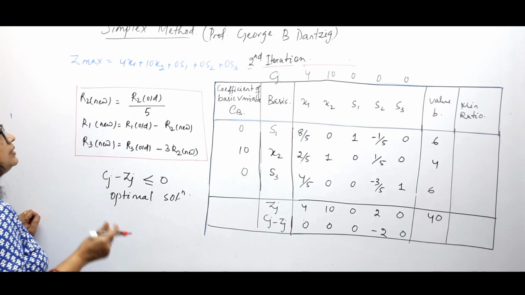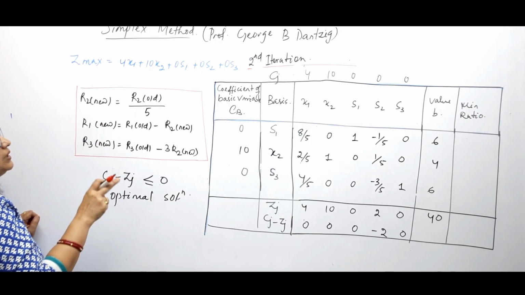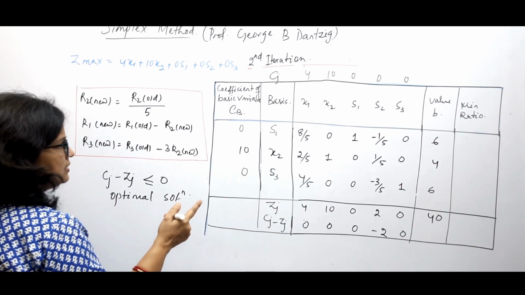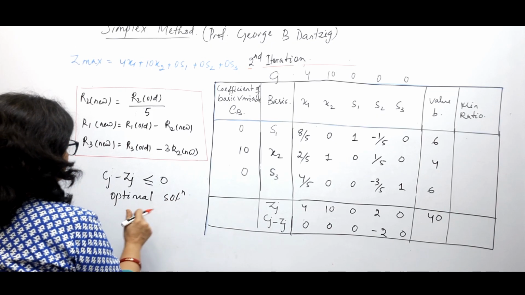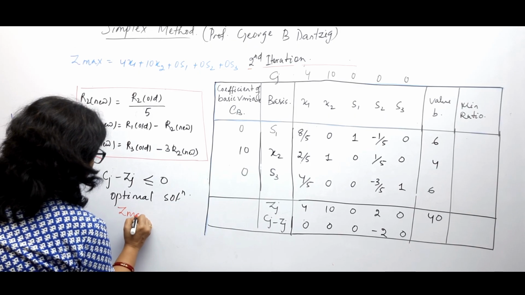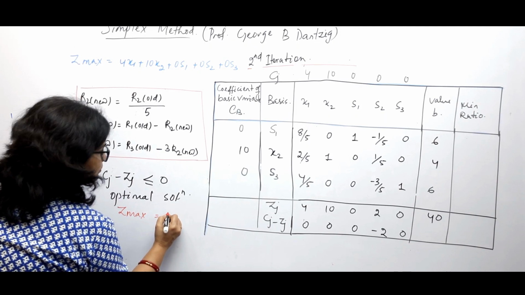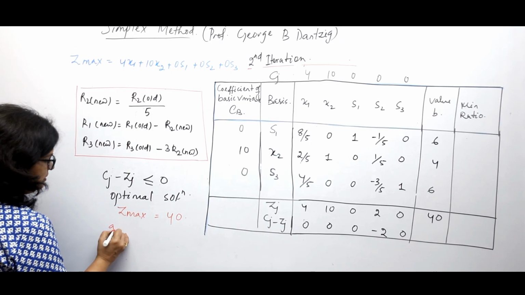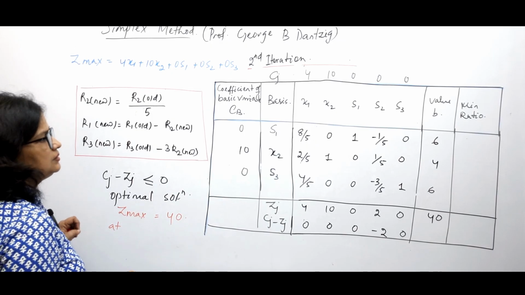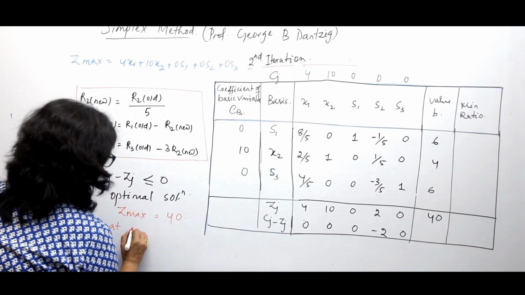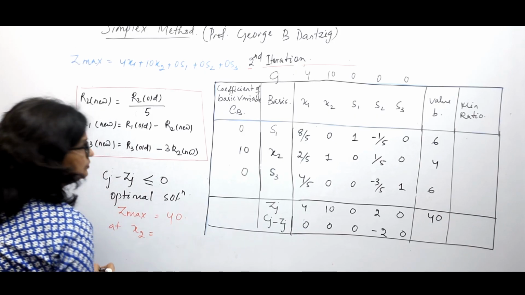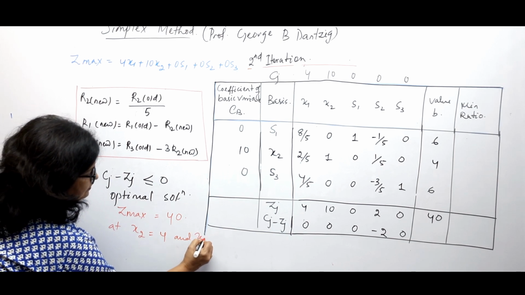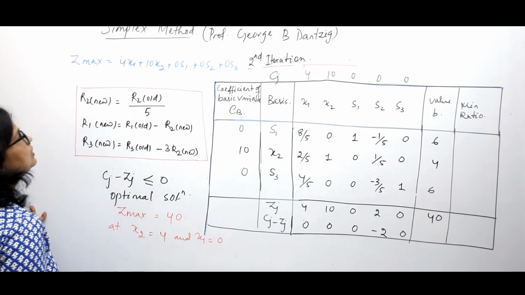So how we can write? We can write here that the value of Z maximum equal to 40 at the value of x2 equal to 4 and x1 equal to 0.